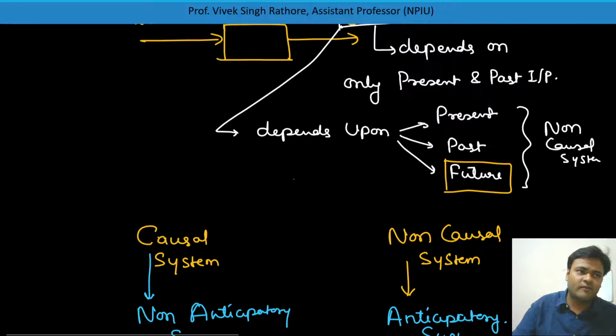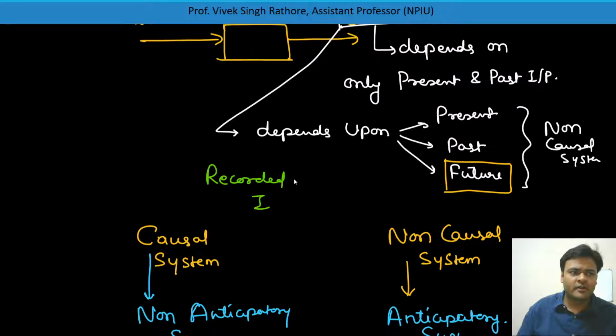But for certain things, if you take recorded input, there you can go forward. Like in a CD player, where things are recorded, you have the option of moving forward.